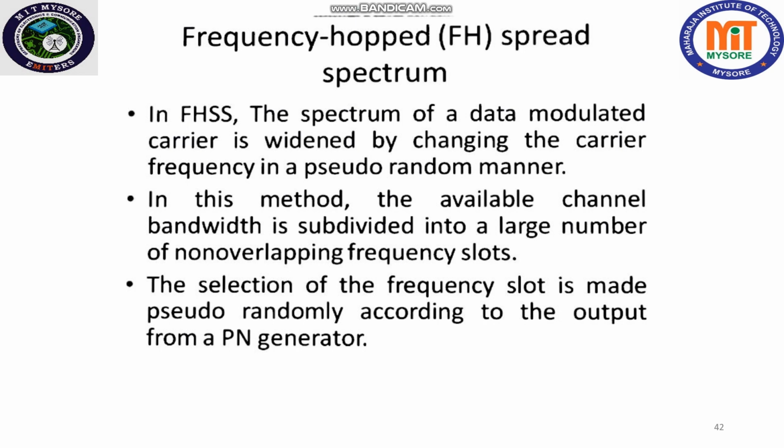Consider BFSK, where one bit is represented by one frequency and another bit by another frequency. What happens? There are two frequencies now. The signal is modulated, but it is a narrowband modulated signal. This narrowband modulated signal consisting of, say, frequencies f0 and f1 is frequency translated using different carrier frequencies.